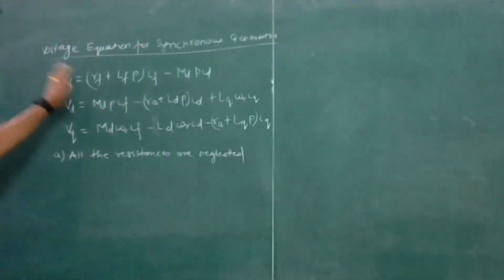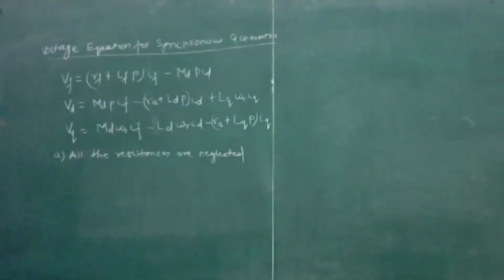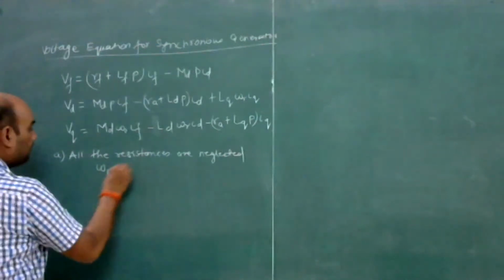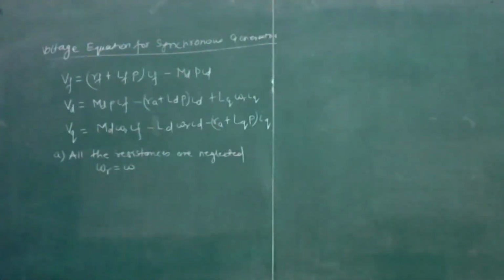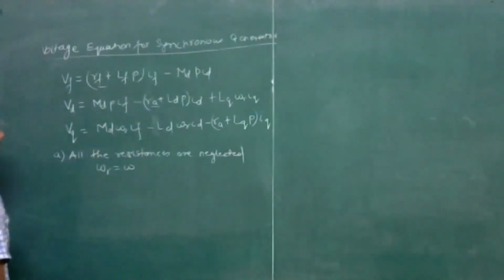So we are neglecting the field resistance and armature resistance, and let the alternator speed omega r be equal to omega. So it is running at synchronous speed.